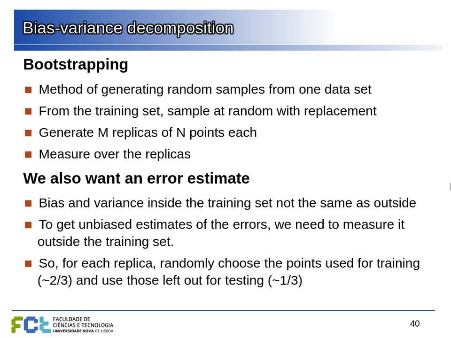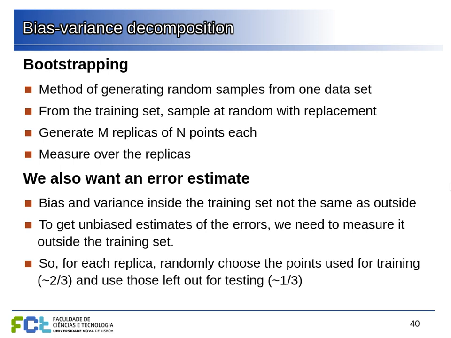Note that we are looking at an error estimate. So in fact, we don't want to measure bias and variance on the training points, but only on those points that are outside. But that means that the replicas will have 2/3 of the points of the original... Yes. On average, each replica will have 2/3 of the original points with some repetition. So for each replica, there is about 1/3 of the points that is left out, and we can use those for testing.